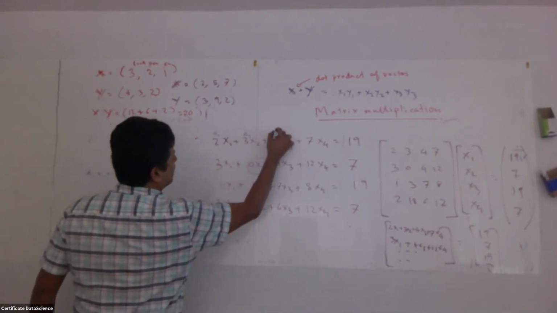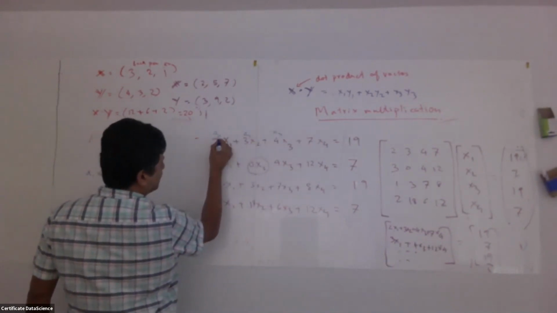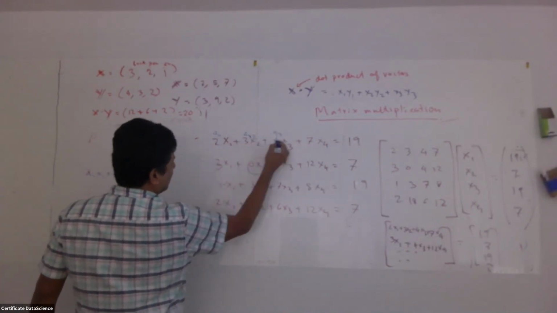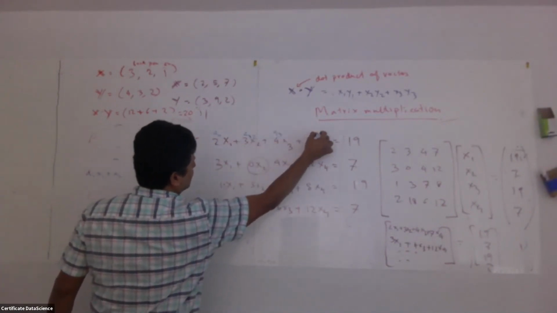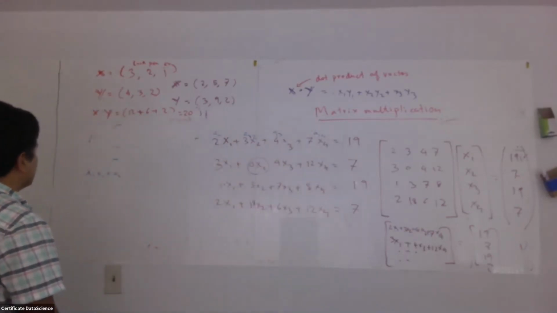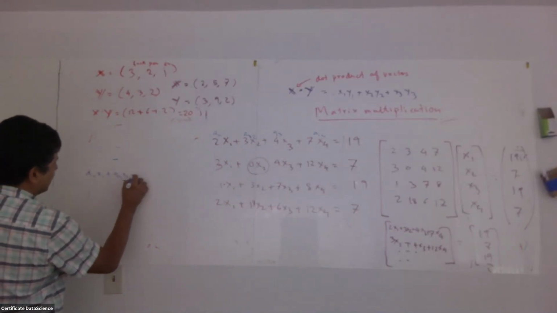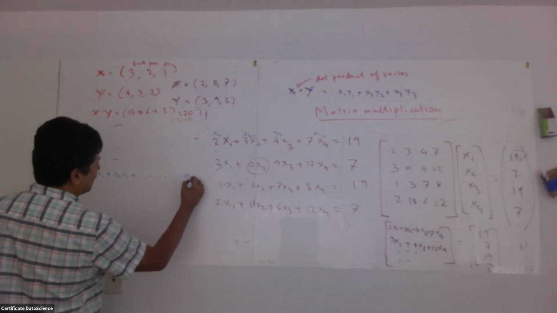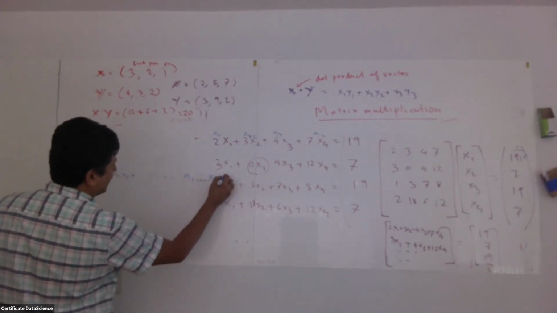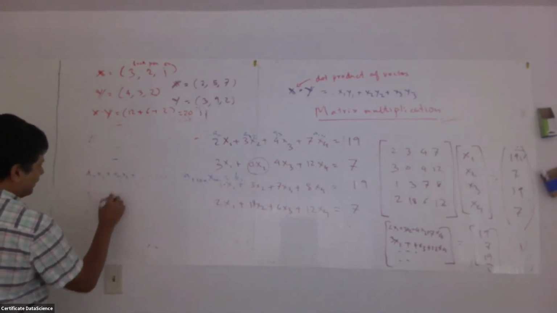Actually, I should call it A11, first row first element, A12, and so on, X2, and so on. You see 100 of them, up to X100, and some value B1. Like this, I have 100 equations.